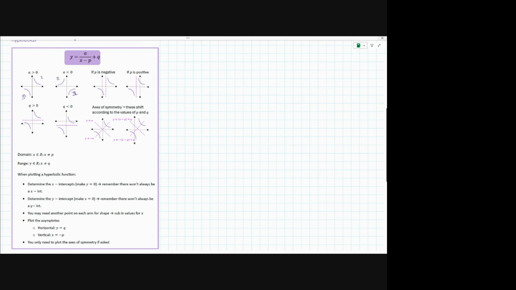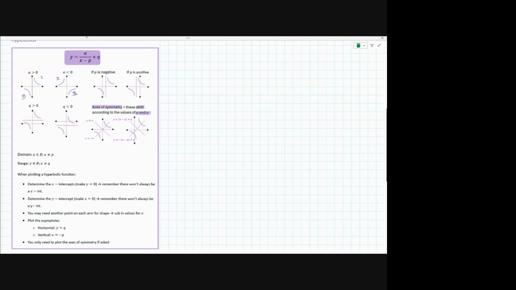What's also really important with these hyperbolas is this idea of an axis of symmetry. We do get axes of symmetry with parabolas through the turning point, but axes of symmetry also exist with hyperbolas. These axes of symmetry shift with your graph, so they will shift left and right with the actual hyperbola. That's something we need to bear in mind if we are asked to find the equations of these axes of symmetry.